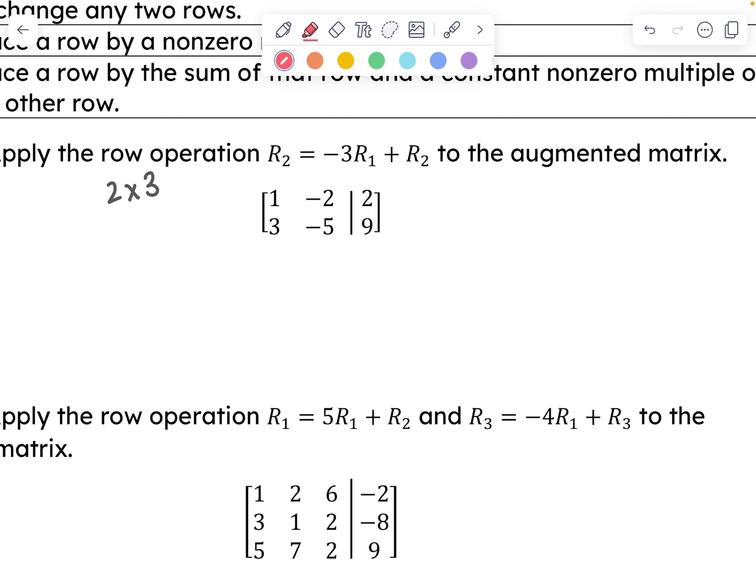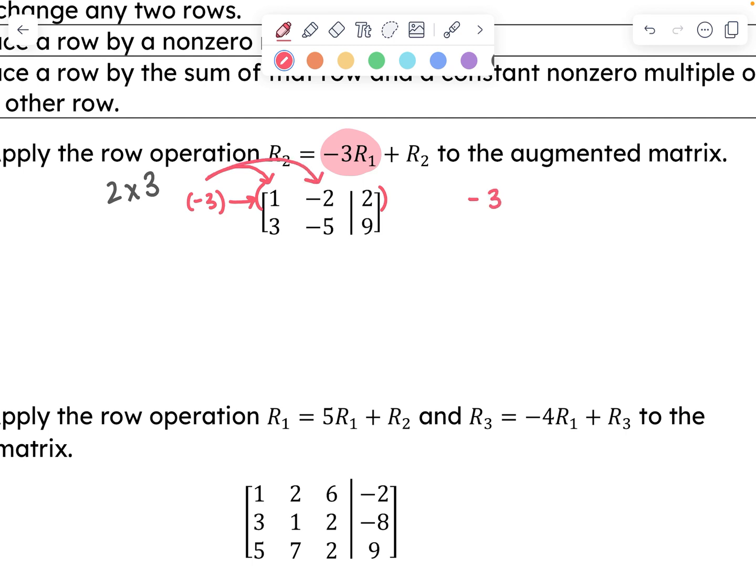So I'm going to start by taking negative 3 times R1. If my R1 is this first row right here, I'm going to take it and multiply everything in that row by negative 3. So negative 3 times 1 would be negative 3.